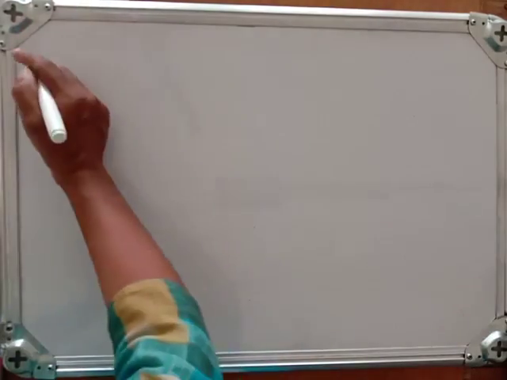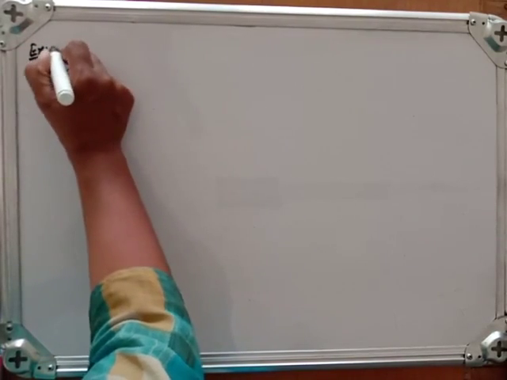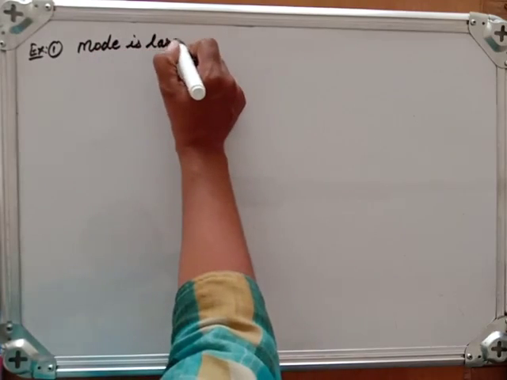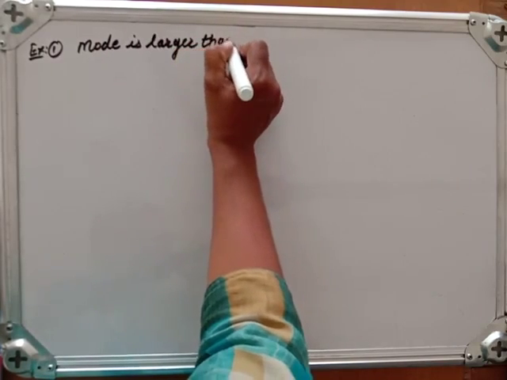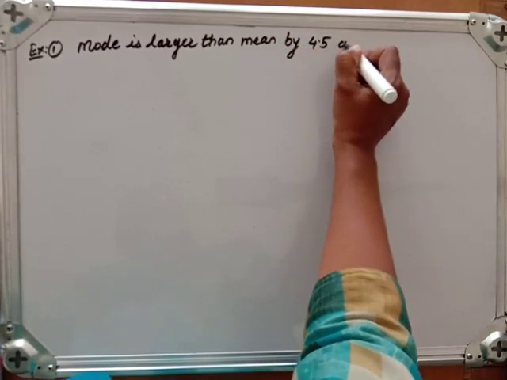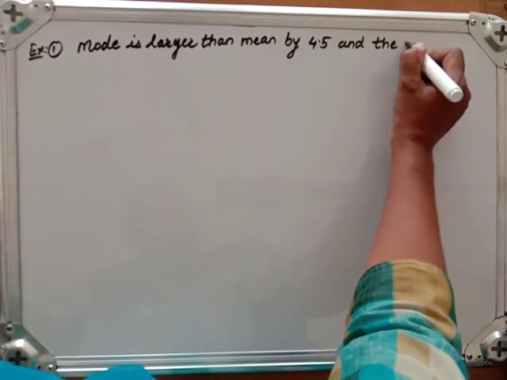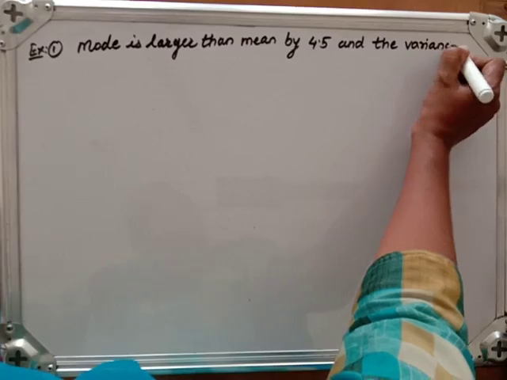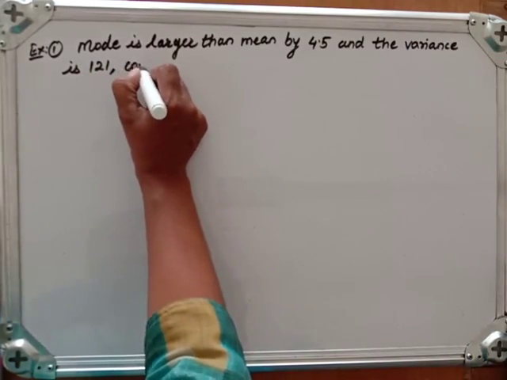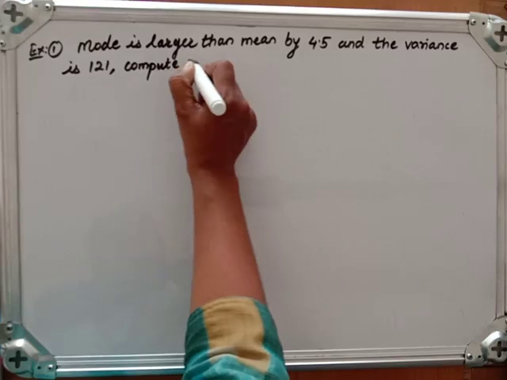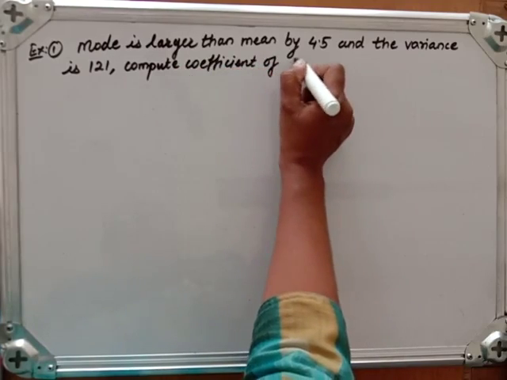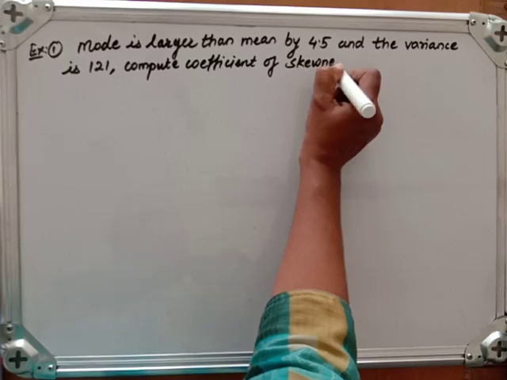Example 1: the mode is larger than the mean by 4.5 and the variance is 121. Compute the coefficient of skewness.